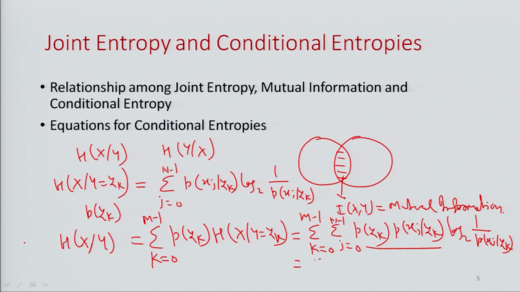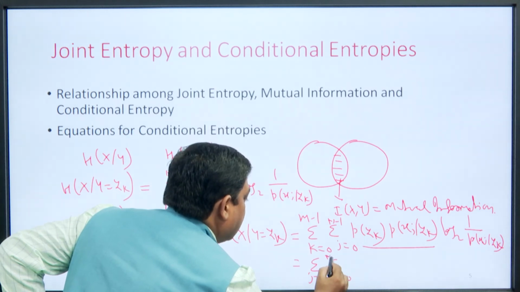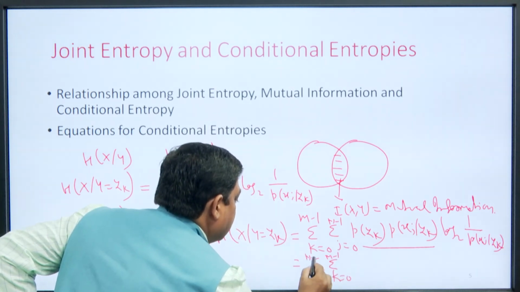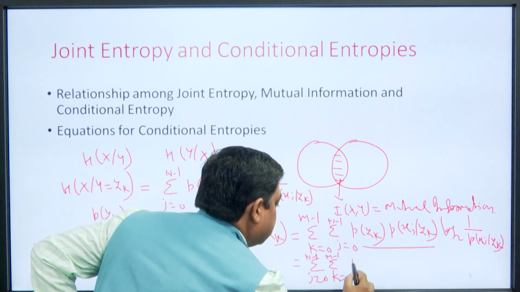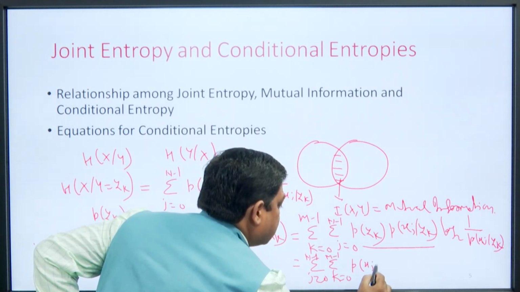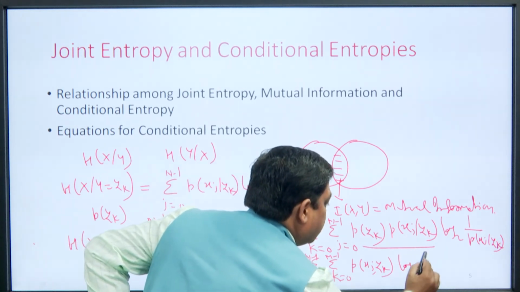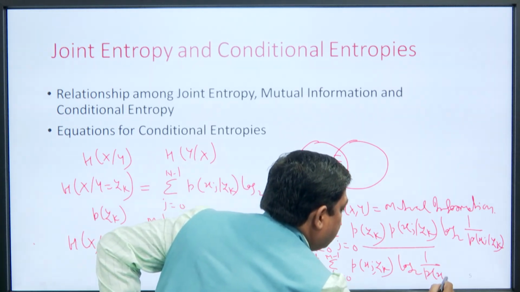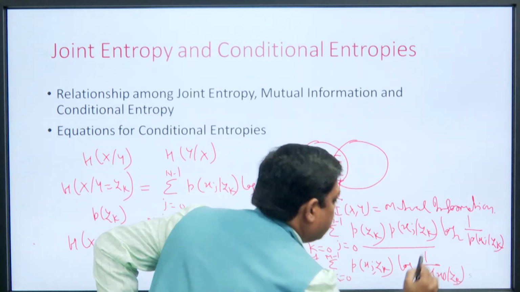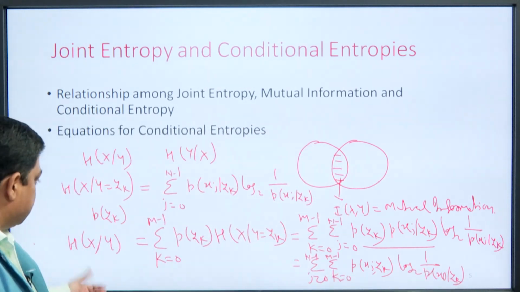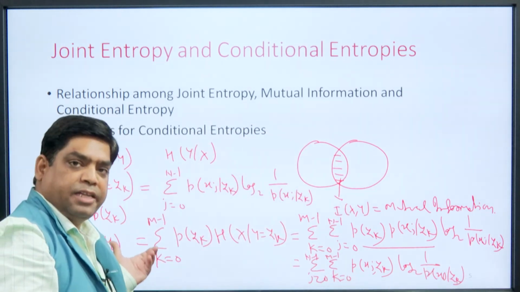Now it becomes summation over j, summation over k, k from 0 to m minus 1, j from 0 to n minus 1, joint probability p(x_j, y_k) into log base 2 of 1 upon p(x_j | y_k). This is the expression for the conditional entropy H(X|Y).